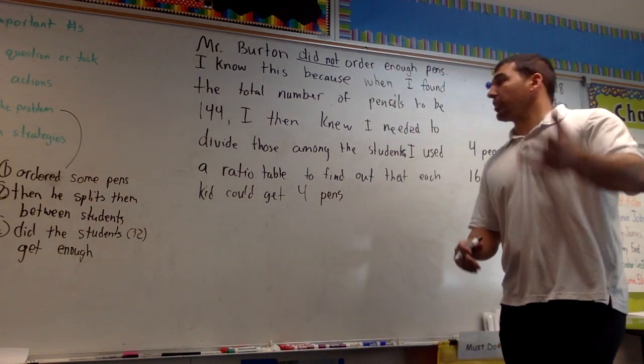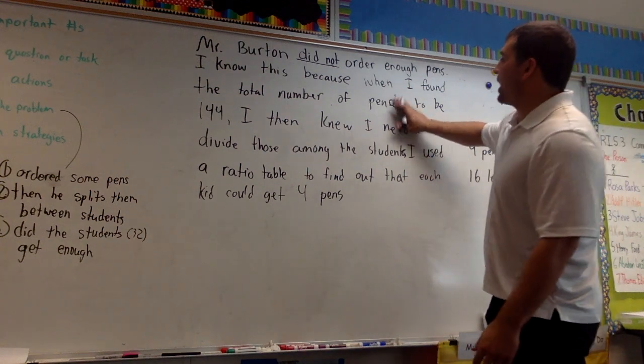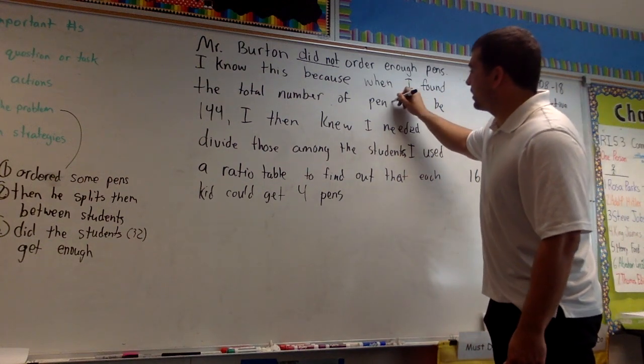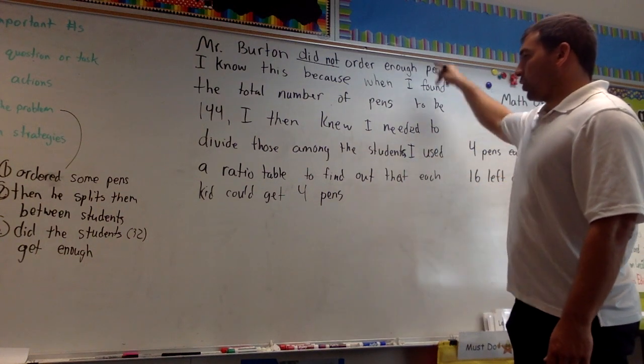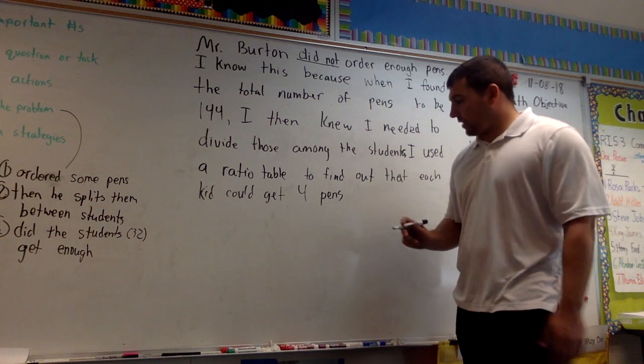I realize now, maybe you're saying, Mr. Bushler, you wrote pencils. Yeah, that was the last problem. That's why we got to check it. Pens. Anywhere else? I think we're good. Okay, I'm good up there. Okay, so each kid could get 4 pens.